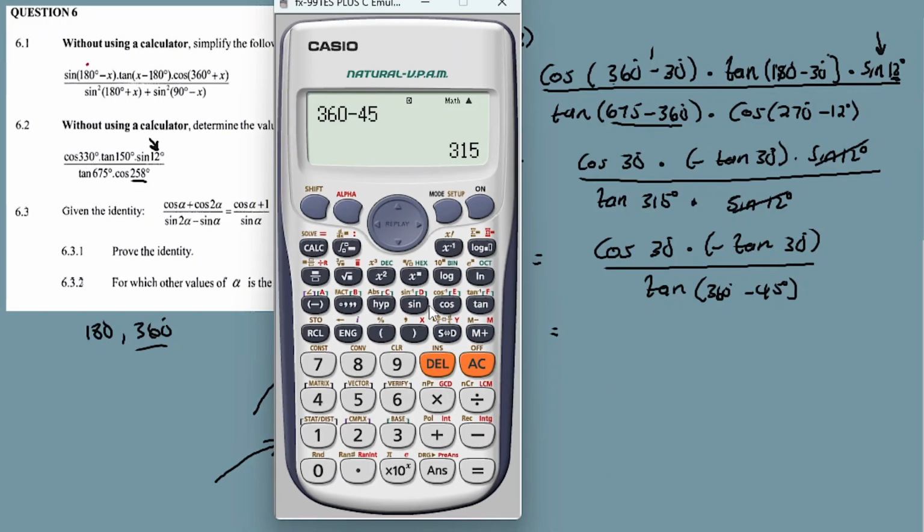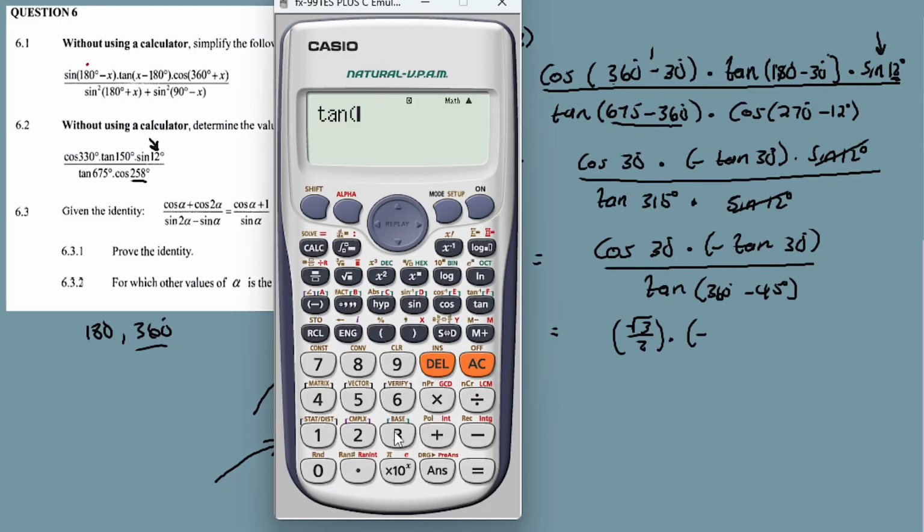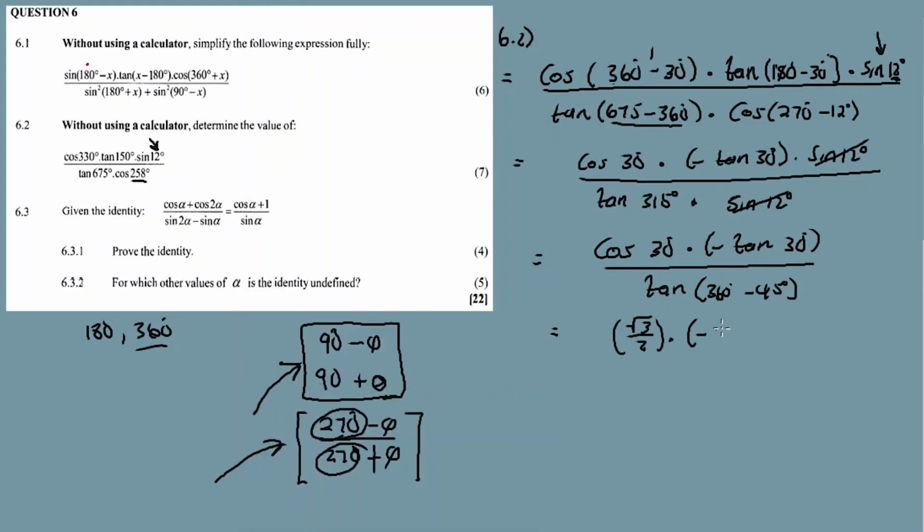If you have forgotten your triangles, it's square root 3 over 2, multiplied by negative tan 30, which is square root 3 over 3, divided by tan of 360 minus 45.